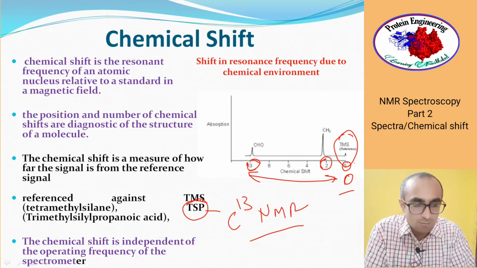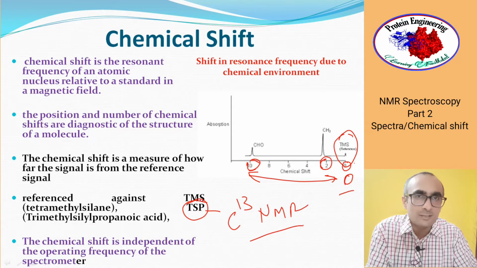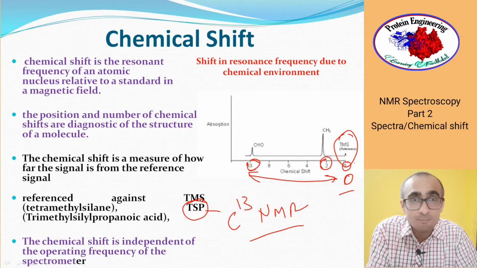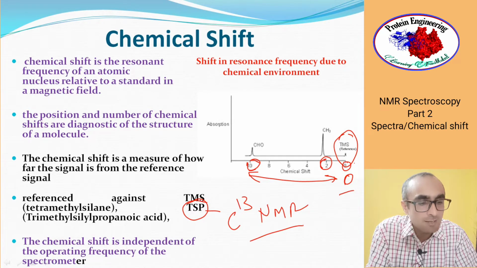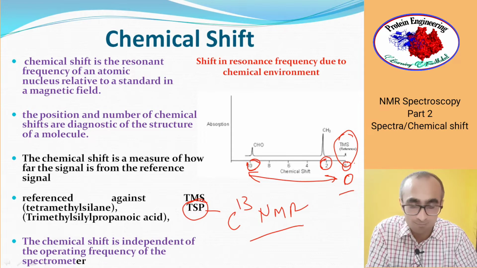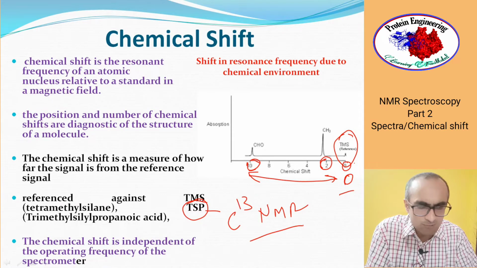So the chemical shift is actually the relative placement of the proton's frequency with respect to a reference compound. And this chemical shift is also independent of the operating frequency of the spectrometer.